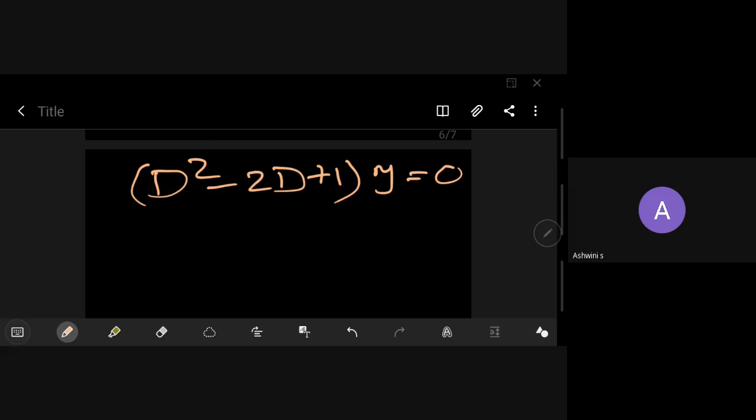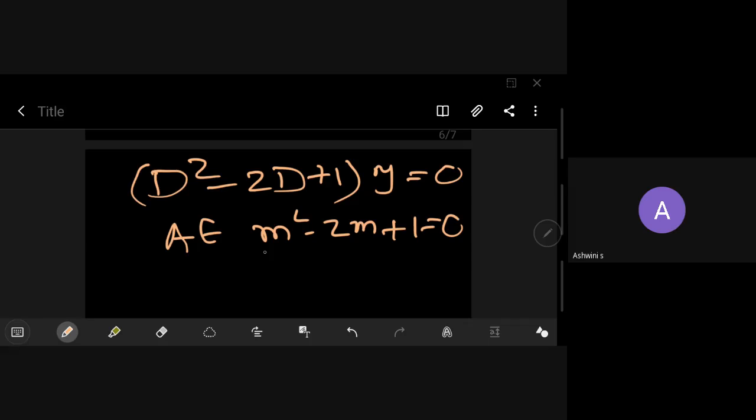There is another name in differential equations: y is also known as integral. Integral and solution are one and the same. If they ask for the integral of a differential equation, the meaning is: what is the solution? So for this one, what is the auxiliary equation? The auxiliary equation is m square minus 2m plus 1 is equal to 0.